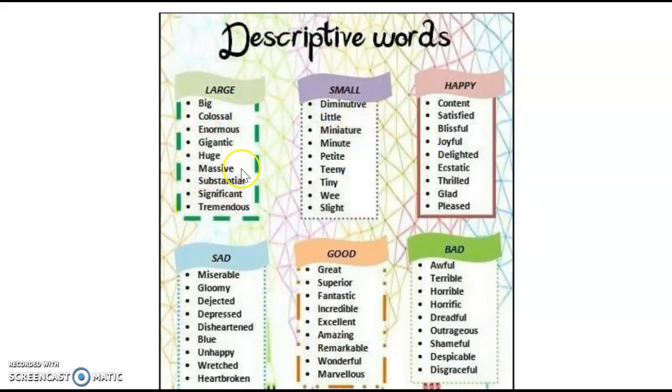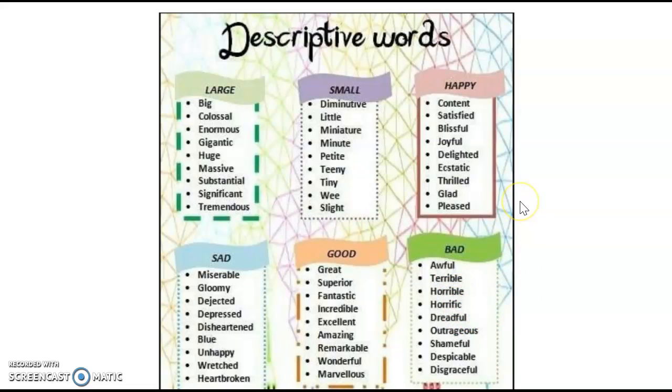But the good thing is underneath, we have a ton of options. So instead of large, you could describe something as colossal or enormous, gigantic. These are great words to use. A lot of us use the word bad a lot, and I think instead we could talk about things being horrible or dreadful. That's a great word.